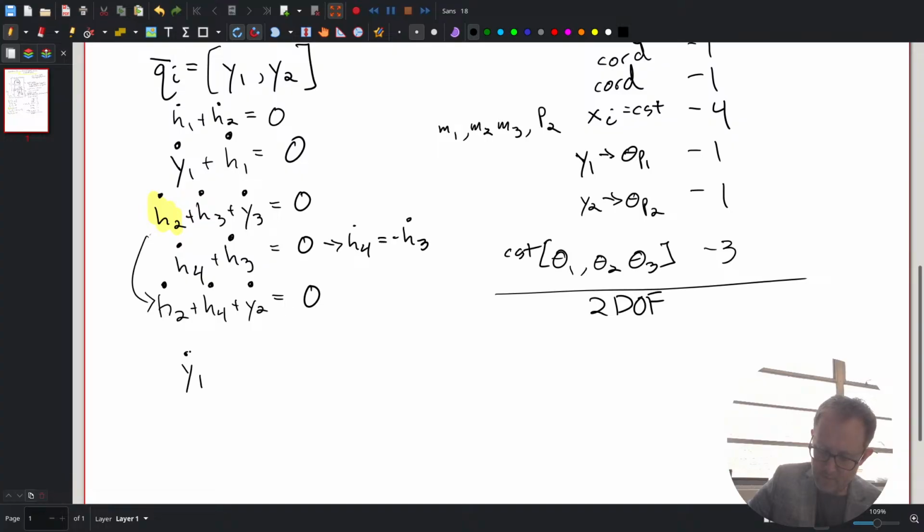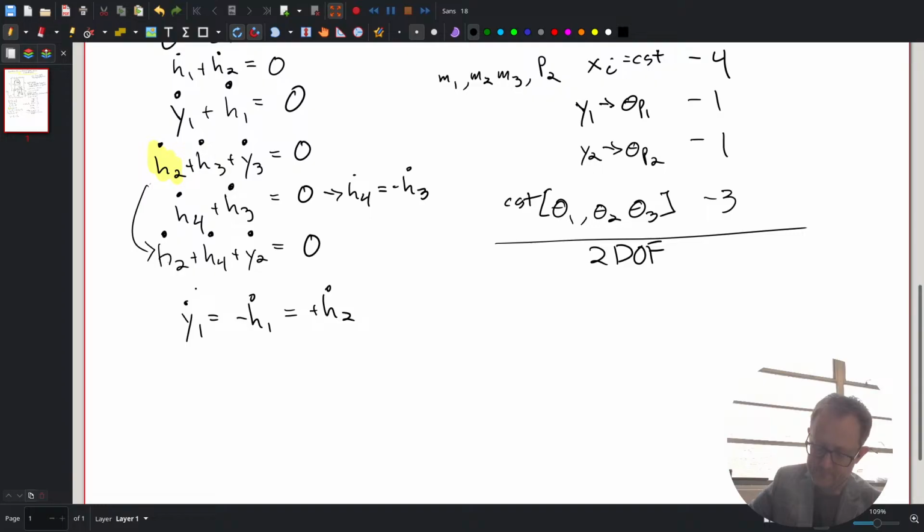So I know y1 dot equals negative h1 dot, which is equal to a positive h2 dot. There we go. So if I have an h2 dot, I can replace it with a y1. That's what I'm trying to do.